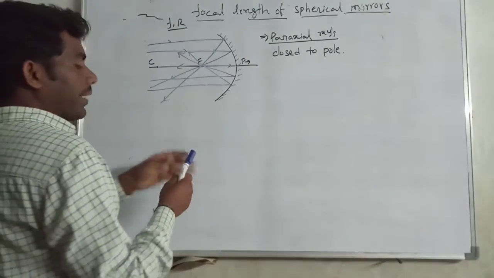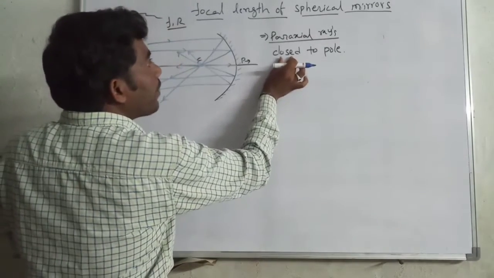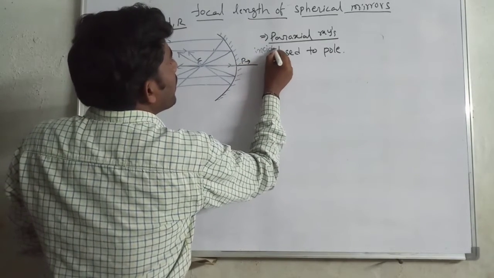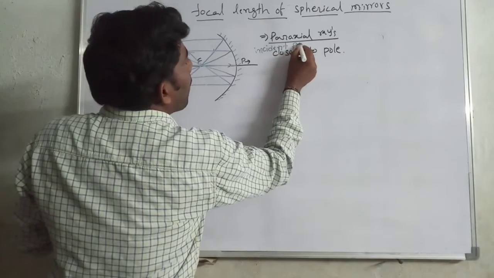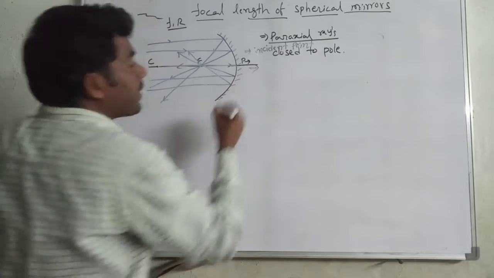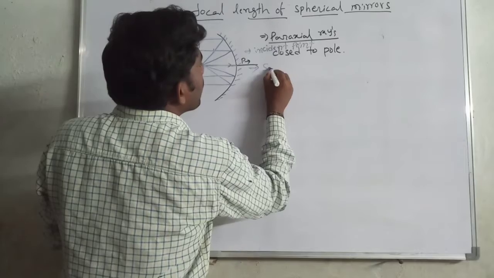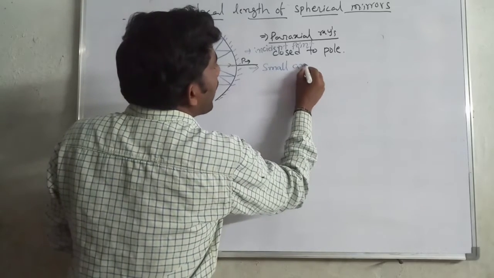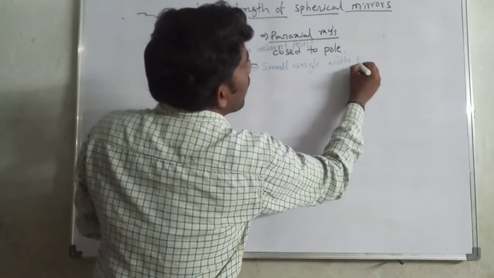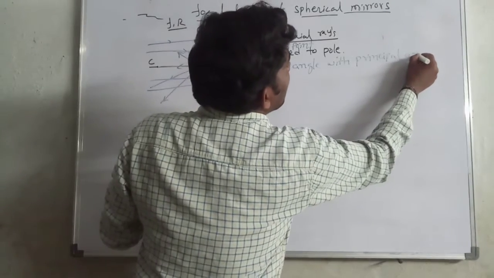This is the first point: the incident point is closer to the pole. And the second point is that the rays make a small angle with the principal axis.